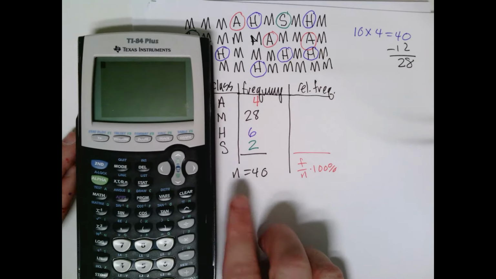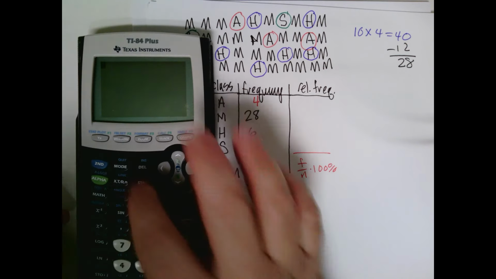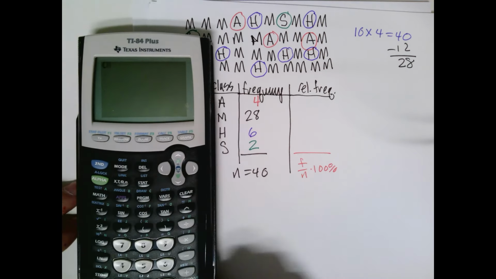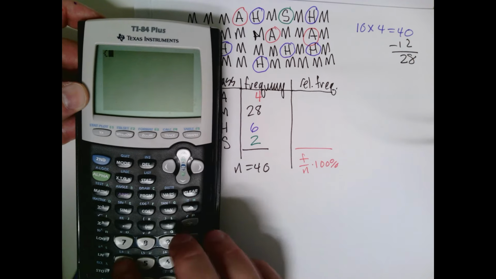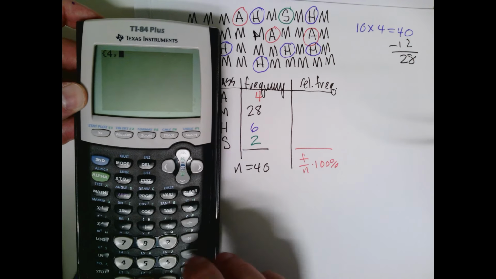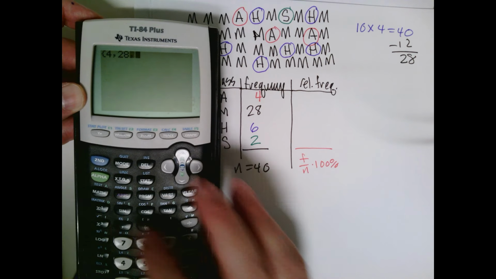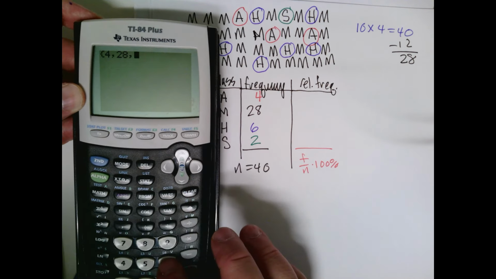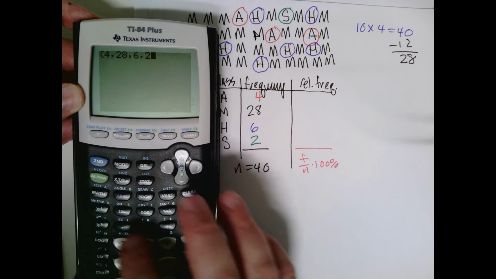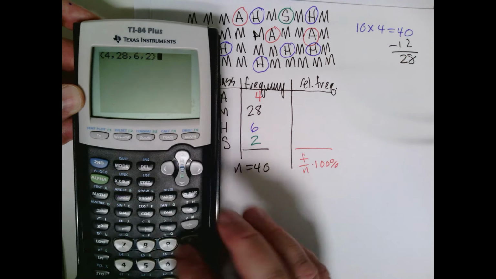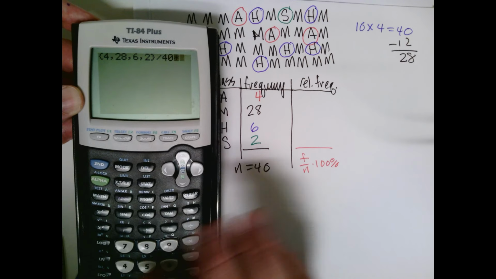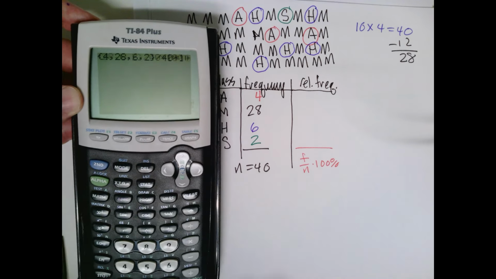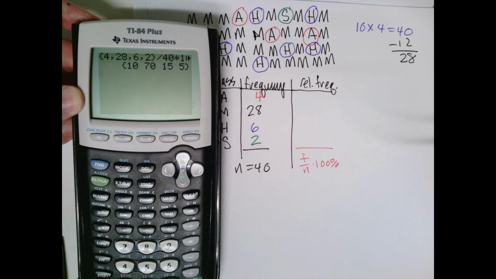You can put these curly brackets second, and then you put in your data. 4, 28, 6, and 2, curly, and divided by 40, multiplied by the 100, and you have all your percentages.